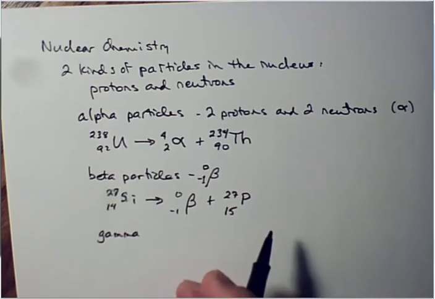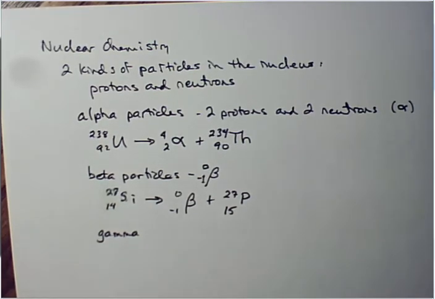Okay? Electromagnetic radiation. There's electromagnetic radiation coming out of the lights in here right now. Light is electromagnetic radiation. Radio waves, electromagnetic radiation. Microwaves, electromagnetic radiation. Radar waves, X-rays, all that's electromagnetic radiation, just different wavelengths.